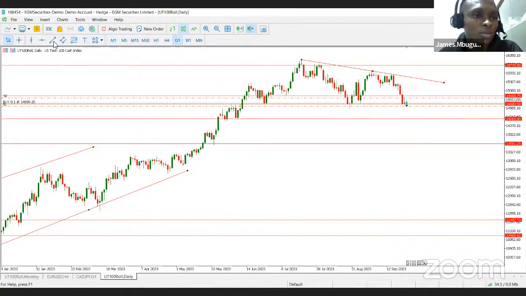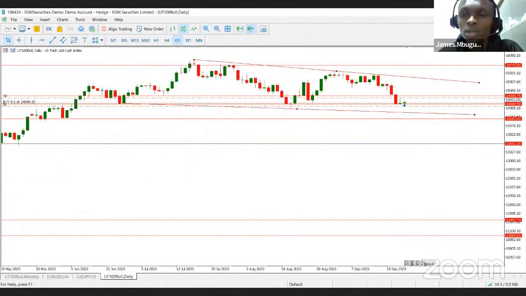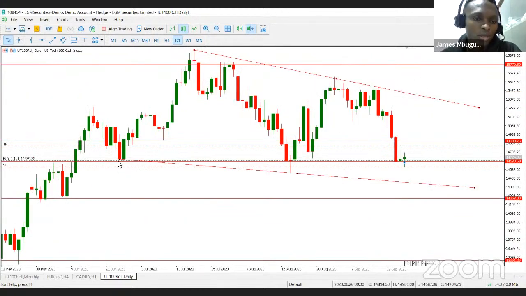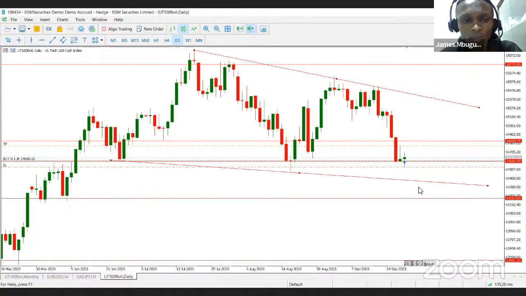And also when you see at these points, these ones, this might be our most important key levels or key points for us to identify what the market might do next. And I'm expecting at least we might also come back to this trend line, this one that is normally creating lower lows.